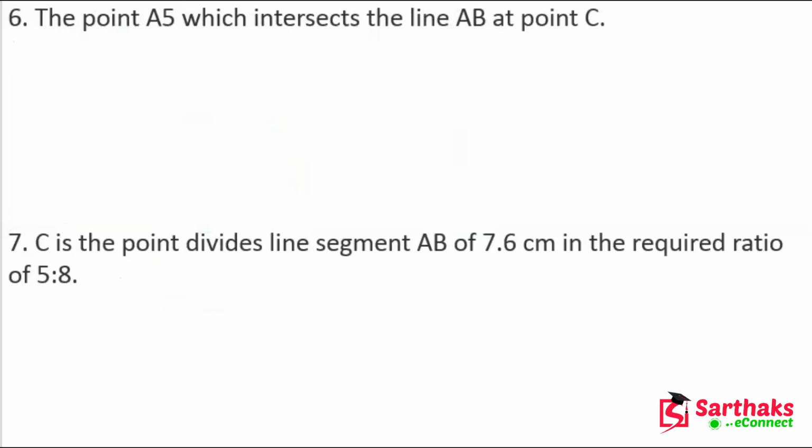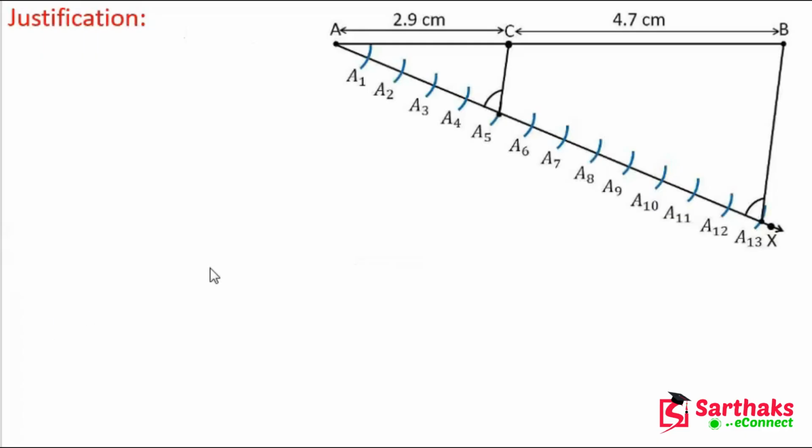Now step number 6: the line through point A5 intersects the line AB at point C. And C is the point that divides the line segment AB of 7.6 centimeters in the required ratio. So the diagram looks like this.